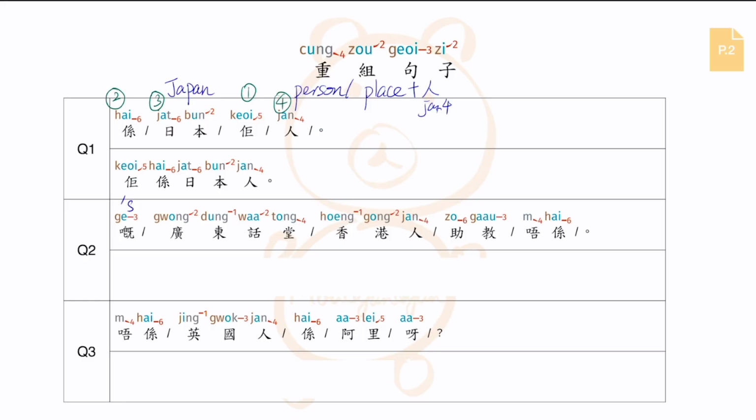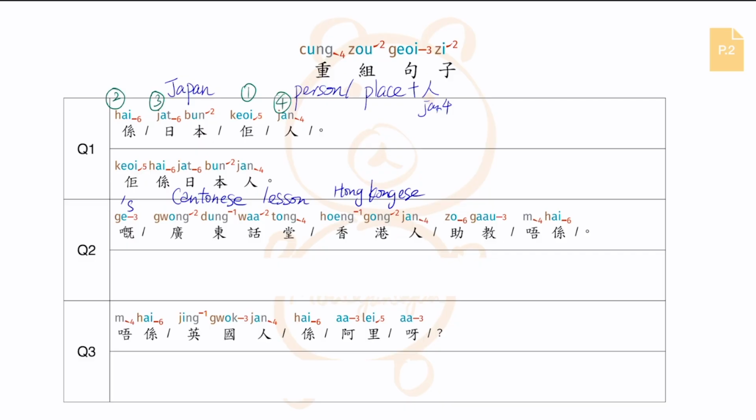The element before 嘅 is used to modify the elements after 嘅。廣東話堂 easy, right? Because you are now having the Cantonese lesson as well. So 廣東話堂 is Cantonese lesson. 香港人, the place and then followed by 人. It means Hong Kongers.